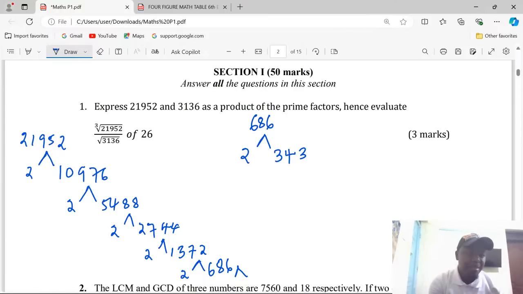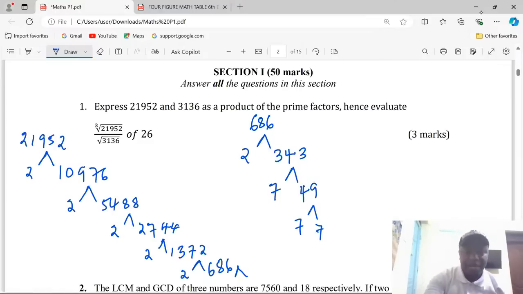When you divide by 3, it's not going. So you can divide by the next prime number, which is 7. We divide by 7 and this gives us 49. We divide by 7 again to get 7.